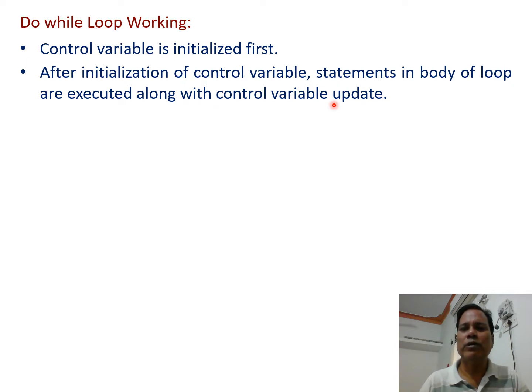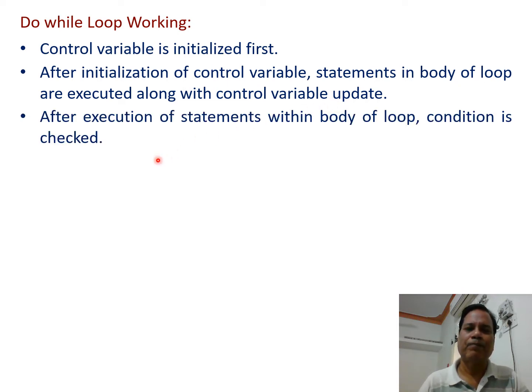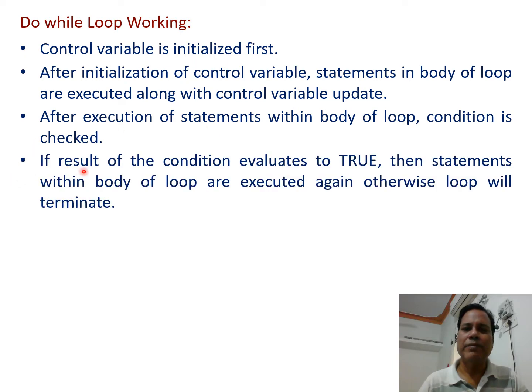So the control variable update is done in the body of the do while loop. After execution of statements within the body of the loop, the condition is checked. If the result of the condition evaluates to true, then statements within the body of the loop are executed again, otherwise the loop will terminate.